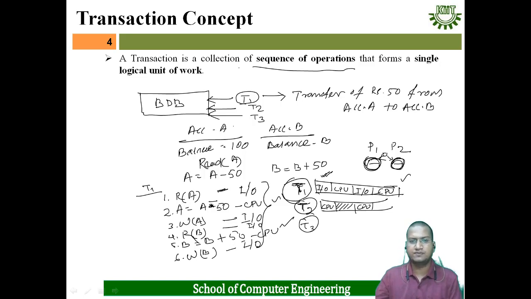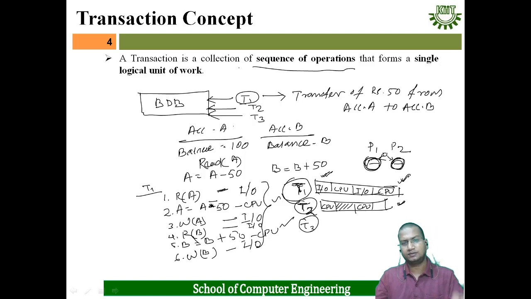At that moment, if some common data item is there, then a problem arises. How to handle those problems comes under the transaction concept. But the main basic concept here is to explain what a transaction is and the definition of a transaction, which I have already explained. Understood?